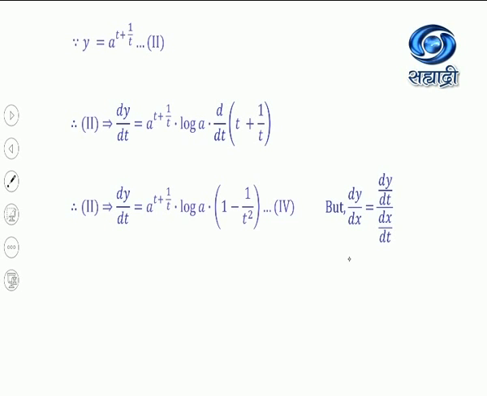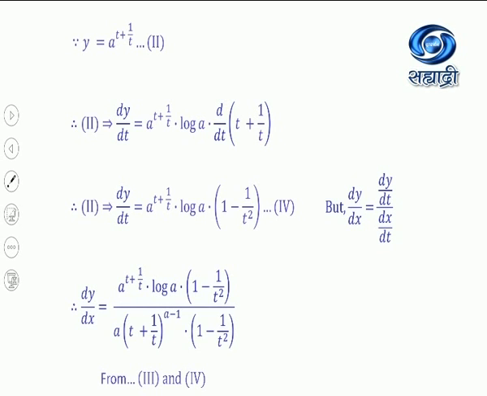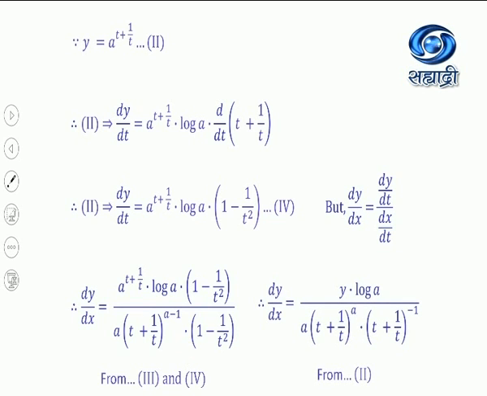But dy by dx equal to dy by dt divided by dx by dt by formula. Now we substitute the values here. What is dy by dt? From equation 4 we write this, and from equation number 3 we write dx by dt in this way. Now our next step is y into log a. First this bracket gets cancelled. And now what is this? This is y.